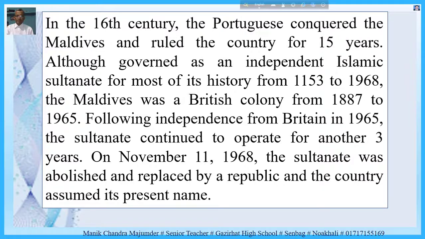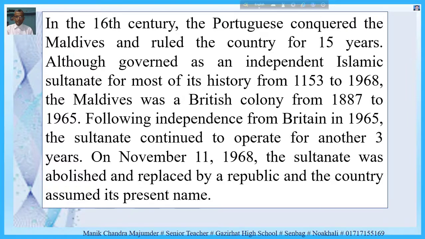In the 16th century, the Portuguese conquered the Maldives and ruled the country for 15 years. Although governed as an independent Islamic sultanate for most of its history from 1153 to 1968, the Maldives was a British colony from 1887 to 1965.